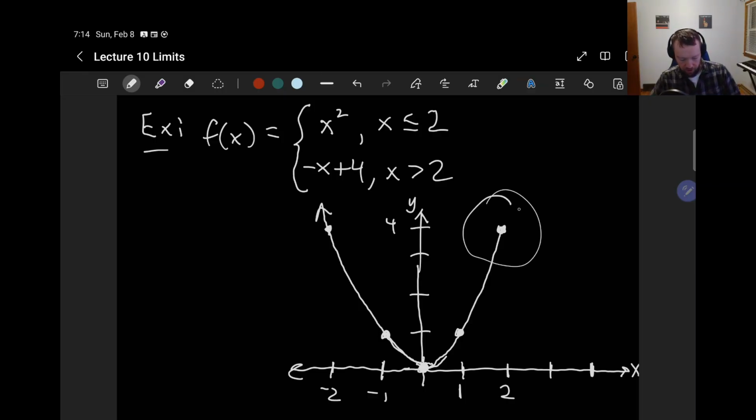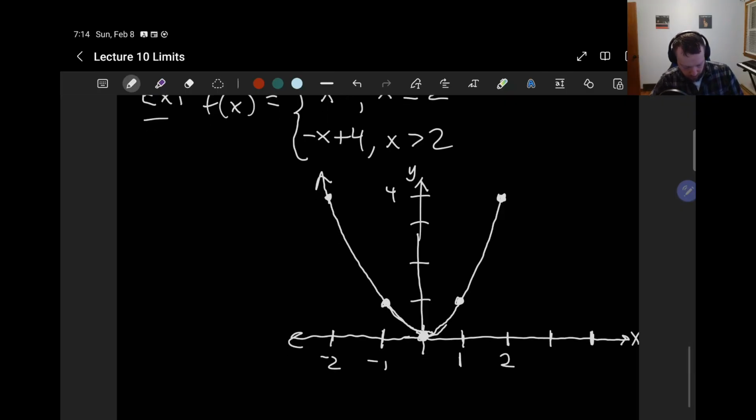So we do have to stop suddenly here when x is 2, because this is a piecewise function and there's a sudden shift when x is 2. Okay, now it looks like the line negative x plus 4. So y-intercept of 4, we're not going to draw it because we're not over there with this line. Again, x is greater than 2 here. But it can give us a sense of where we end up.